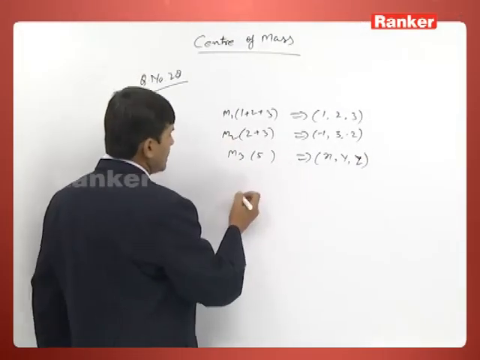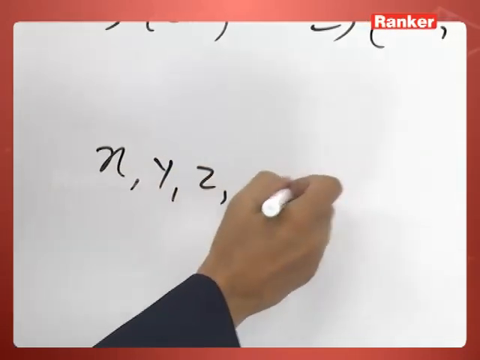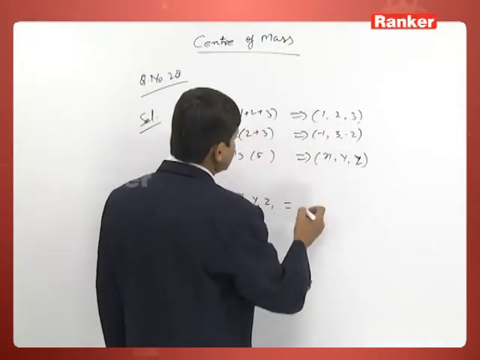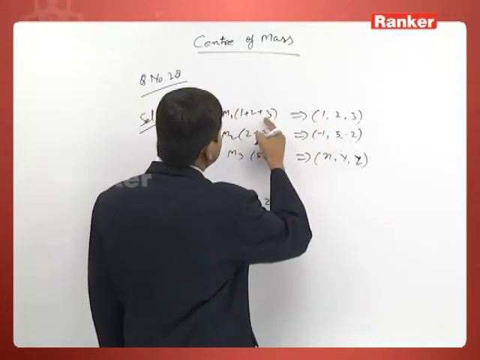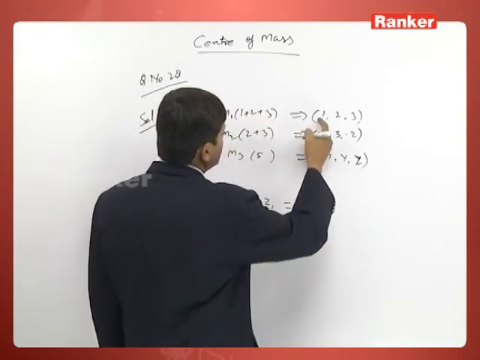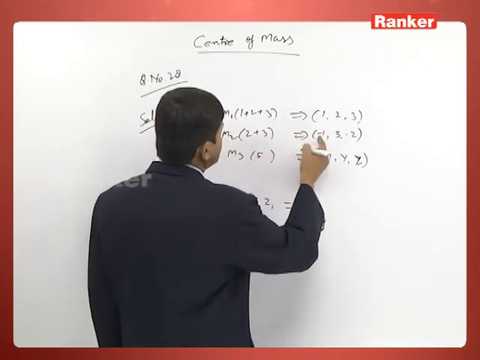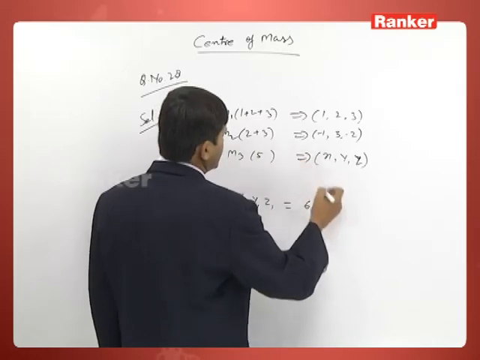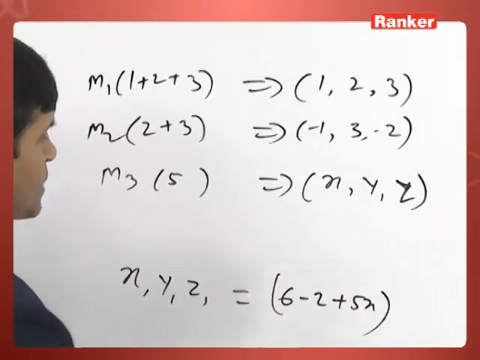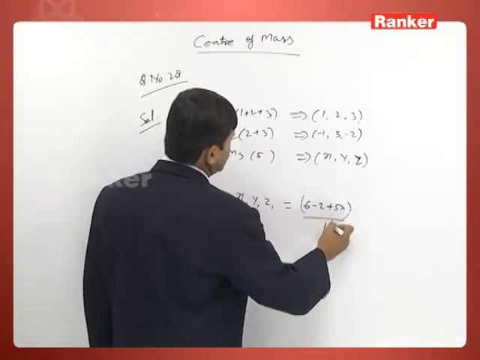So x, y, z is equal to, we can say, m1x. m1 means 3 plus 2, 5, plus 1, 6. 6 into 1. Similarly, 2 into -1, -2, plus 5x. This is the x coordinate, divided by total mass 10 plus 6, 16.